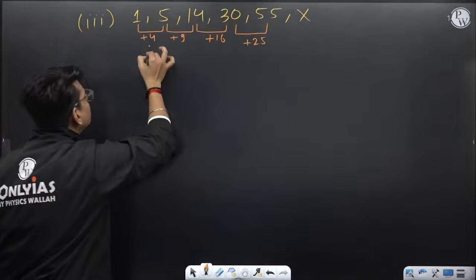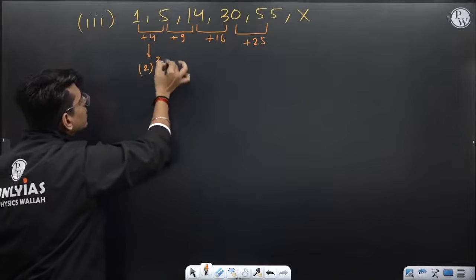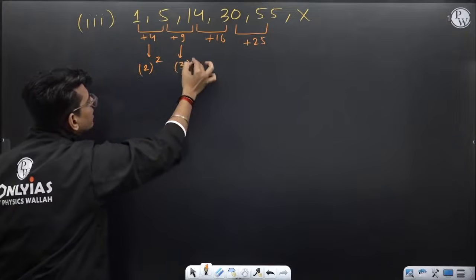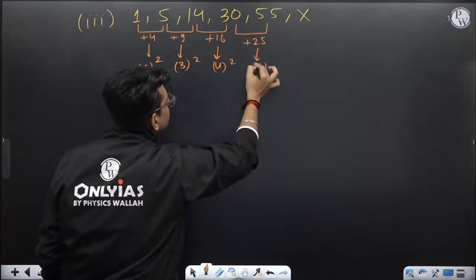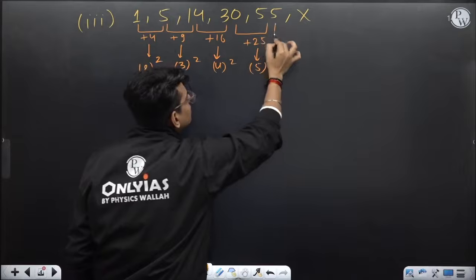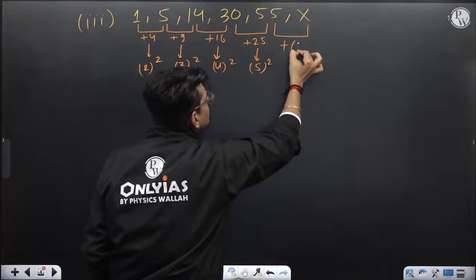If you see, 4 is 2 square, 9 is 3 square, 16 is 4 square, and 25 is 5 square. So the next difference will be plus 6 square.